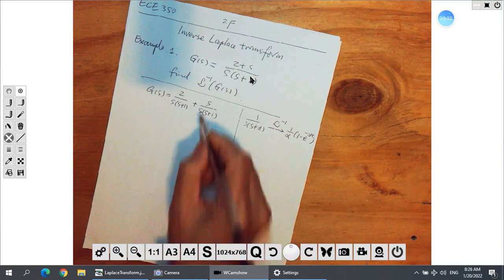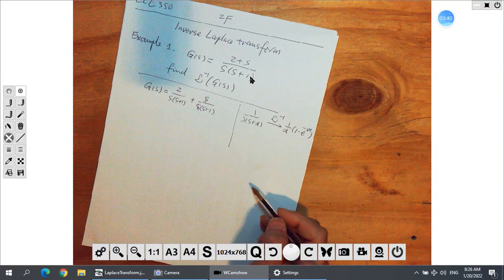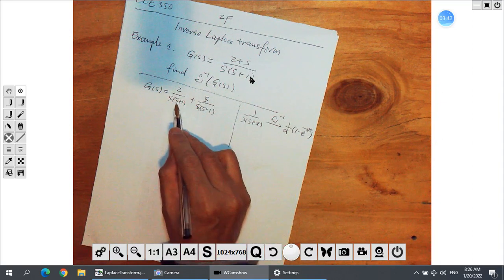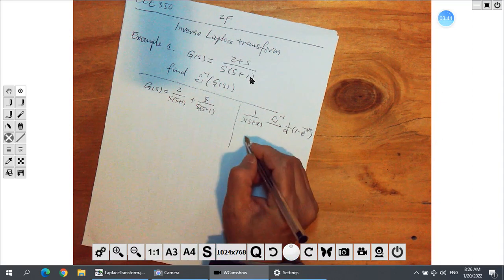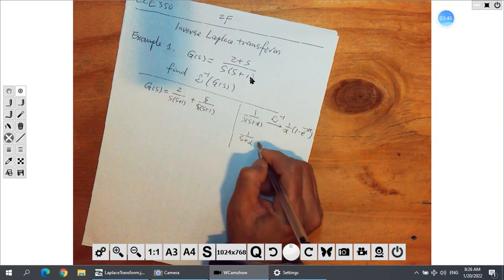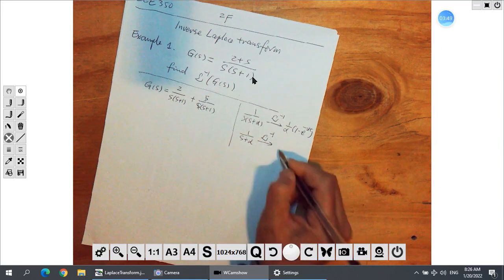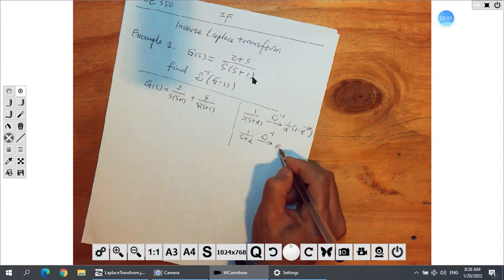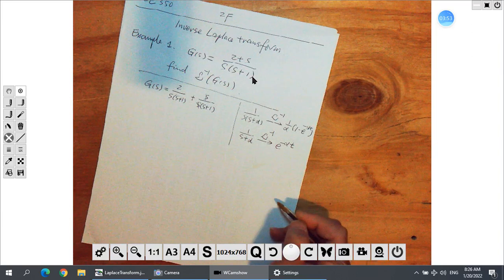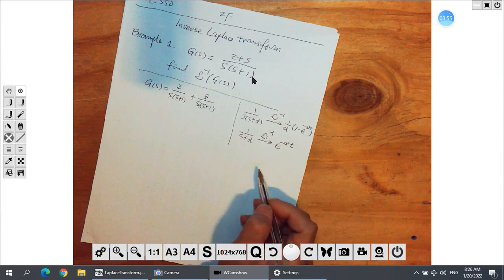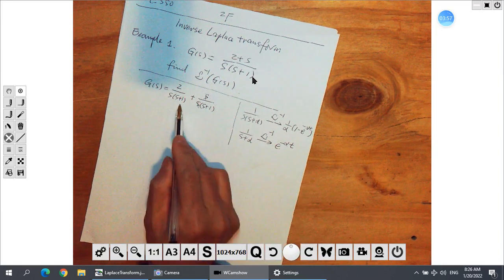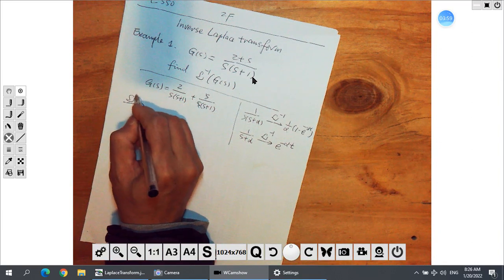And then you see s and s can be cancelled. First term I can use this, and the second term we have 1 over s plus alpha. By inverse Laplace transform there will be e to the negative alpha t. This is also a term in the table, so we can use these two to get the answer.